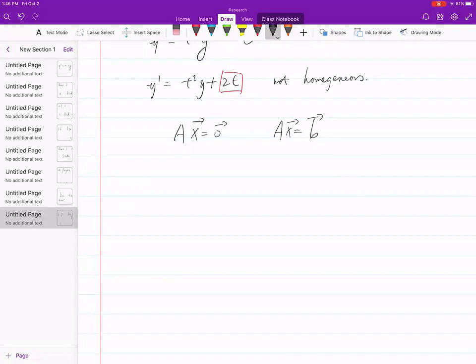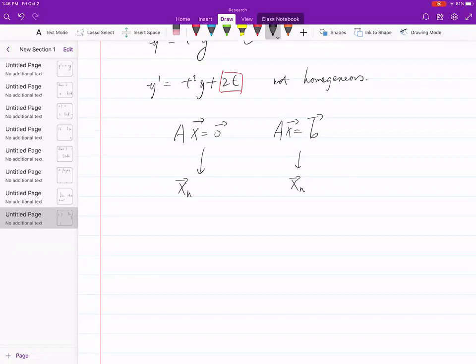When we introduce this one in linear algebra, what we were really trying to do is solve this. How do you solve this? Well, number one, you solve this one for some x. Let's call it xp, x non-homogeneous. You solve this when you have x homogeneous.